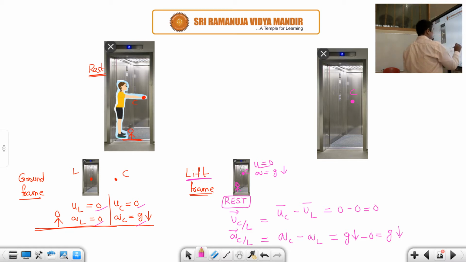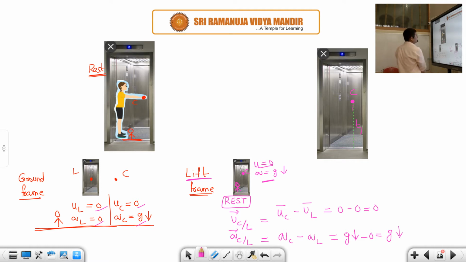Its initial velocity is 0 and acceleration is downwards. So what will happen, students? It will follow a path which is vertical like this, because the initial velocity is 0, and the time taken here is t1. So sometime t1. Now this is the first case.